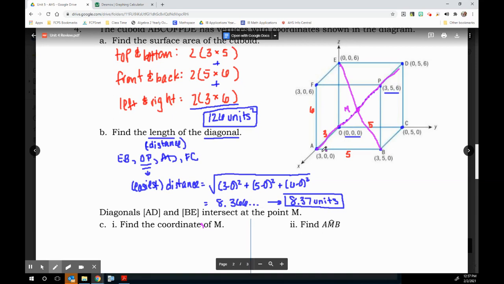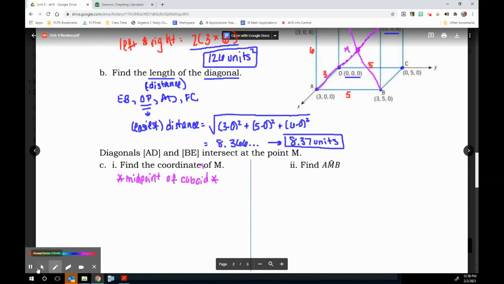In general, if you cross diagonals in a cuboid or a prism, that point, and they labeled it M for a reason, is the midpoint of the points you're looking at. In this case, the midpoint of A to D and B to E, so I'm just looking for the midpoint of the entire cuboid.